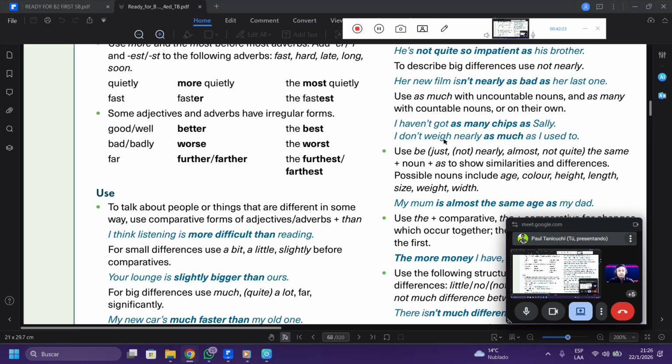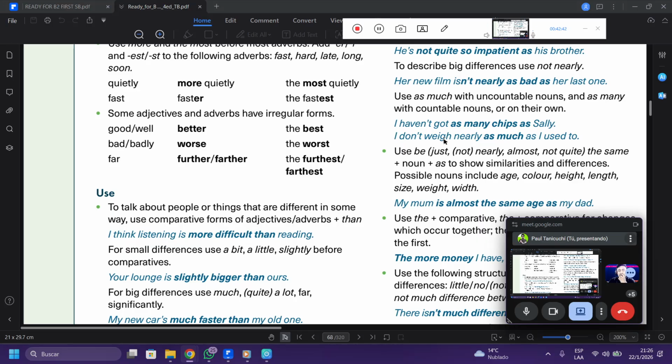Yes. With respect to the last sentences, it could be, taxis are not nearly so big as buses. Could be. Sorry, I didn't get the last word.